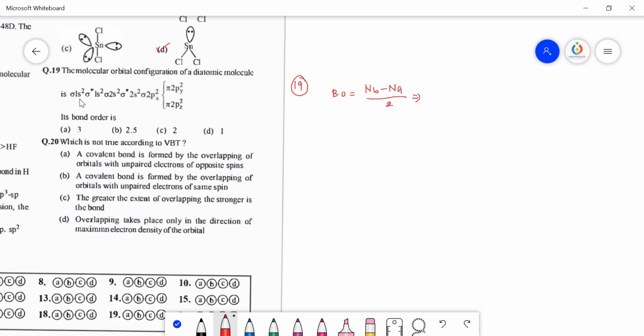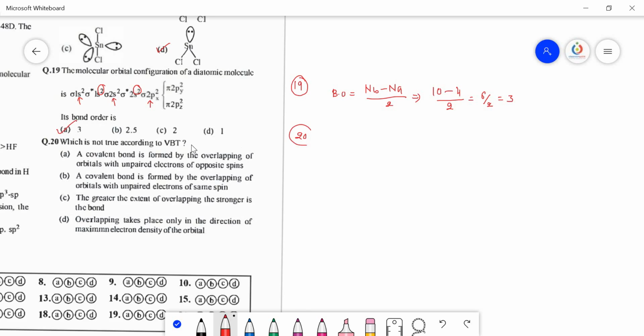Bonding electrons: 2 plus 2 is 4, 4 plus 2 is 6, 6 plus 4 is 10. Minus anti-bonding electrons, 2 plus 2, 4. So 10 minus 4 by 2, 6 by 2 equals 3. So for the 19th question, option A is correct.